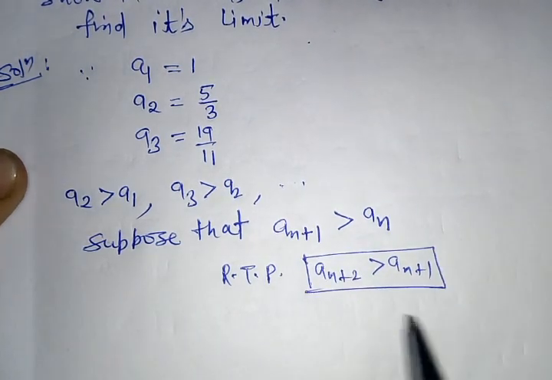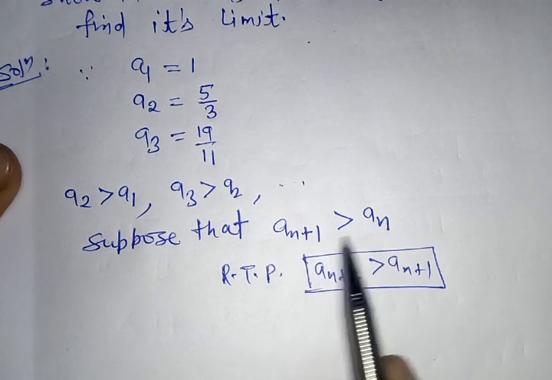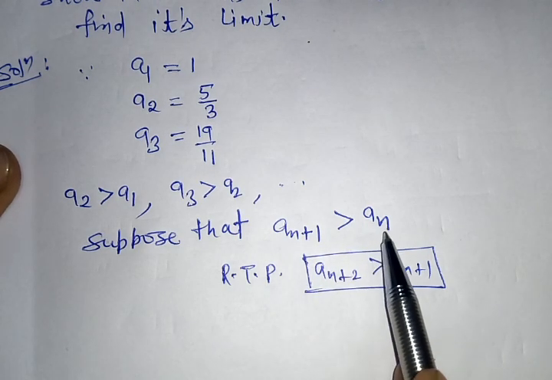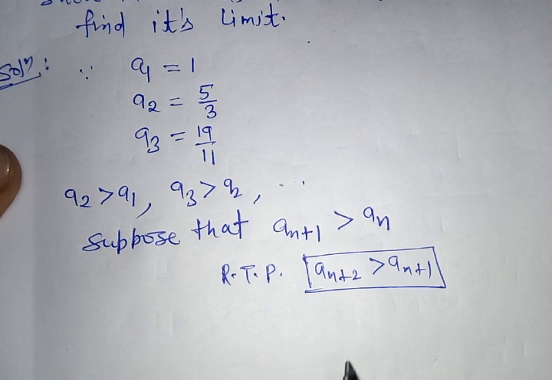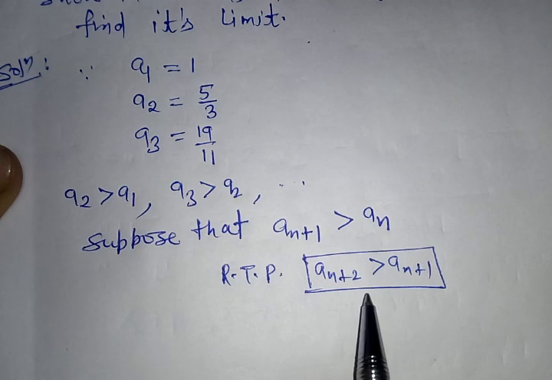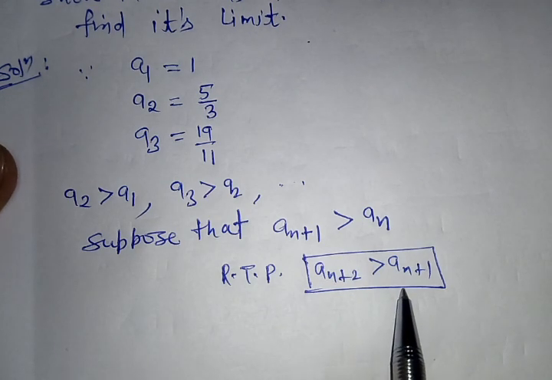We will prove this. If I consider the result true for n, then we will prove for the next positive integer. So we have considered that an plus 1 is greater than an, then we will prove that an plus 2 is greater than an plus 1.